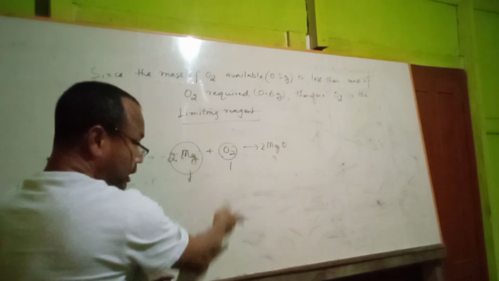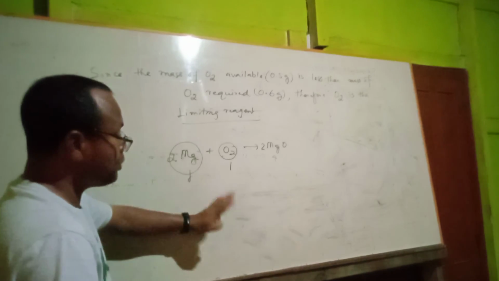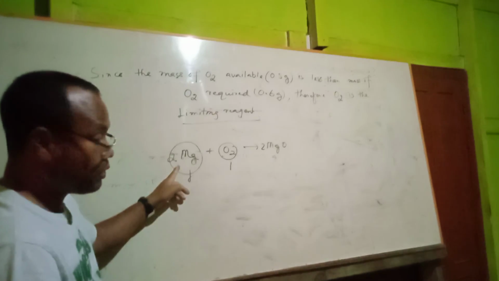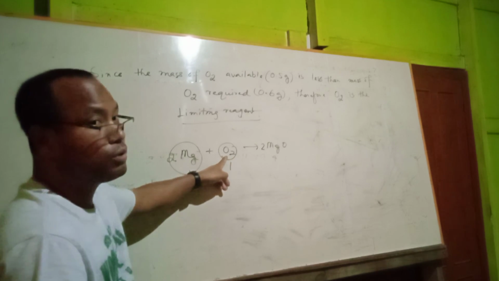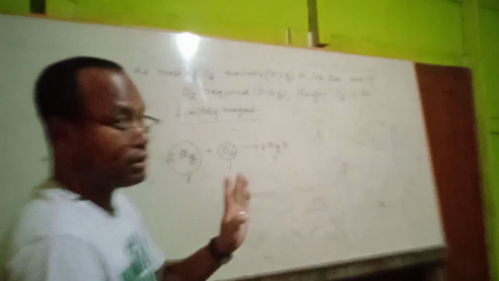So we do not need to find the mass of magnesium required, because this one is not the limiting reagent.